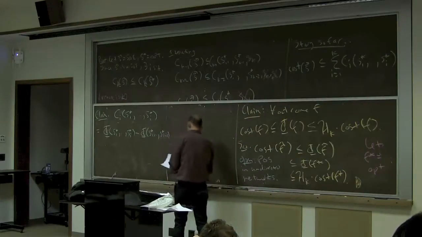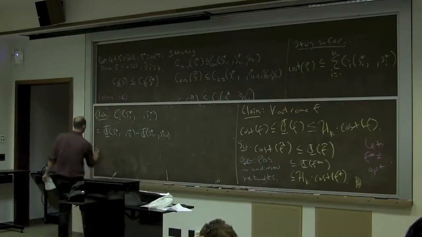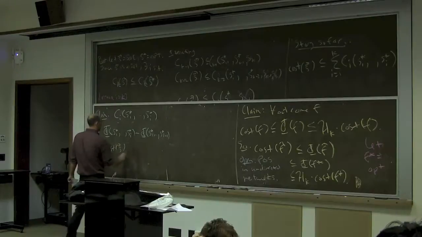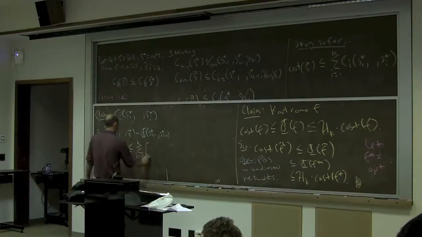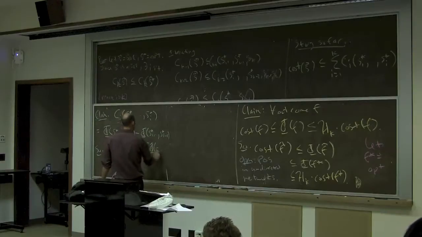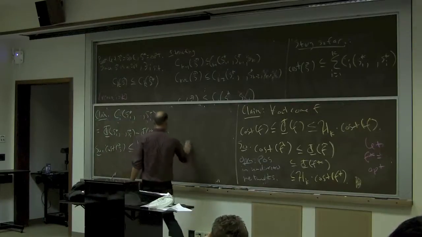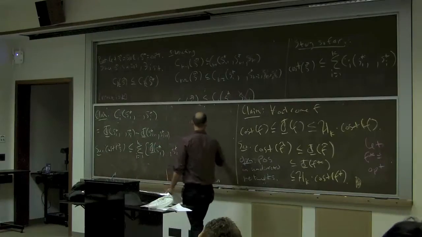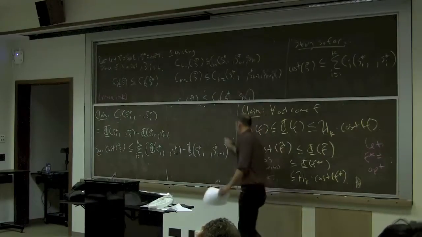So now we're pretty much home free. So if we just combine these two things, so the cost is at most sum i equal 1 to k. So this is a telescoping sum.